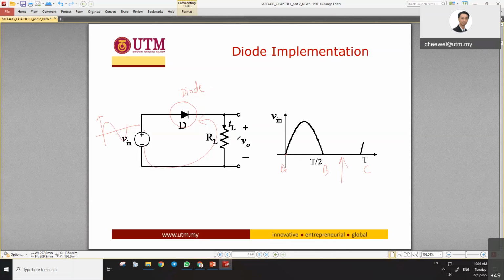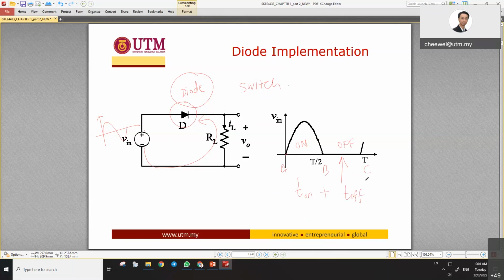Okay, so that is the function of a switch. So the diode here is working as a switch to turn on and off. How long? When it is on, we call it T on, time for on. When it is off, we call it T off. What is the relationship between T on and T off?